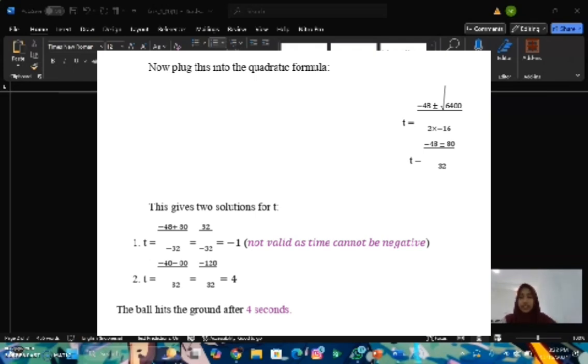And the second, t = (-48 - 80) / -32 = -128 over -32, because -48 minus 80 is -128, which equals 4. The ball hits the ground after 4 seconds.